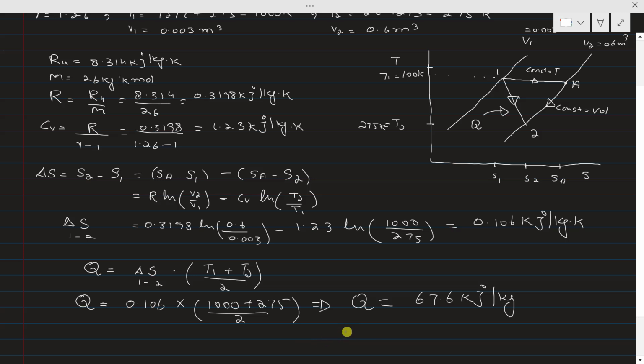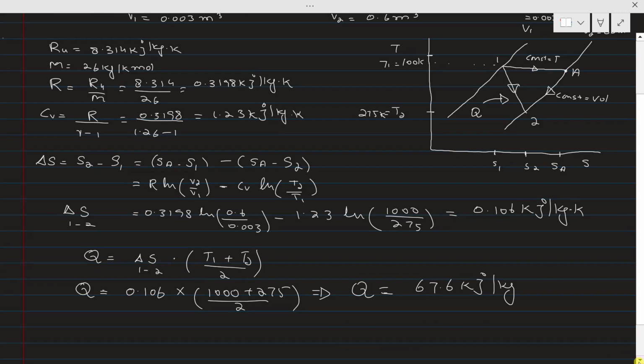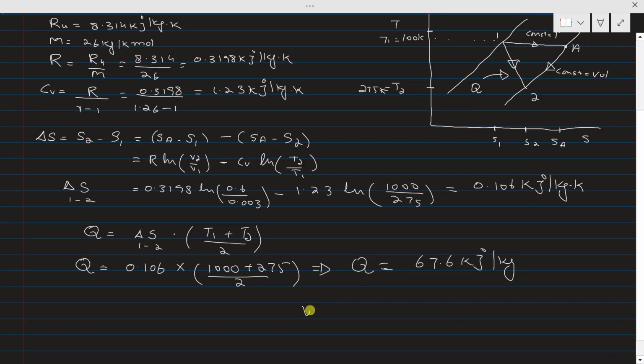Next, the work done by the system, according to the first law of thermodynamics, is equal to the heat supplied minus the change in internal energy, which is Cv times the change in temperature, T2 minus T1.